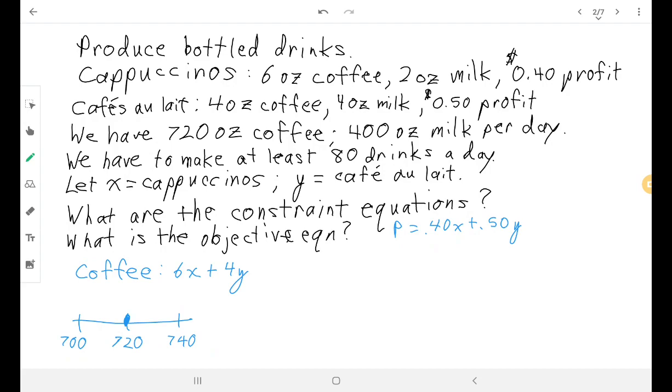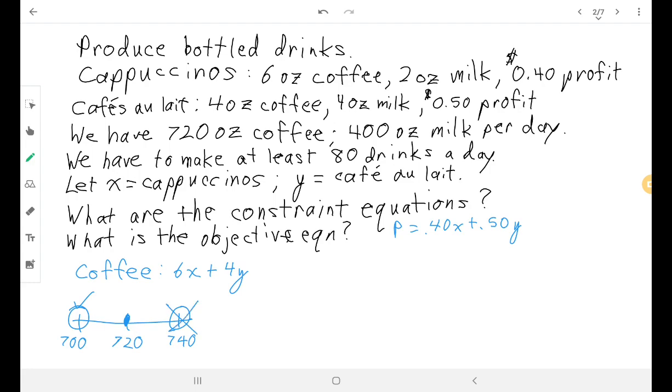And then you ask yourself, could I have this? Could I use 700 ounces of coffee? Well, sure, why not? I have that amount. Could I use 740 ounces of coffee? No, I don't have that.